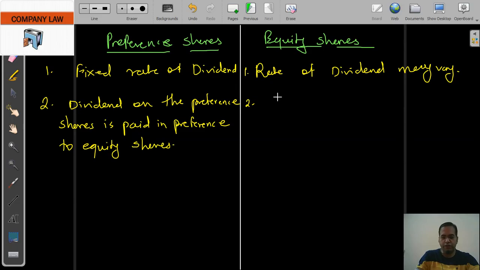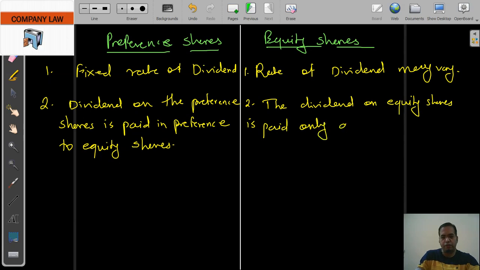So what we can write down? The dividend on equity shares is paid only after preference dividend has been paid.